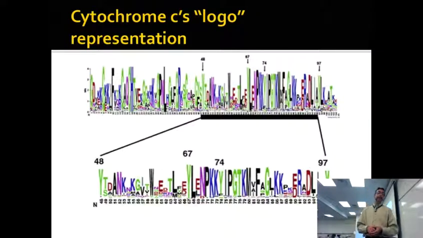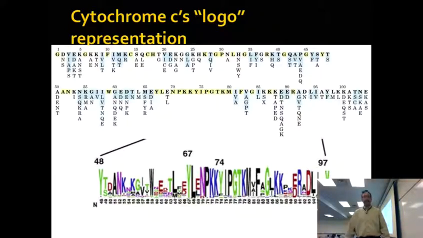This is what cytochrome C's logo representation looks like, and the only thing is it's a mess, even for a small protein. But if we zoom in on that sequence in the middle, you see how you have the sequence around 74. That's the exact same thing that we showed you, that has all of the same stuff over and over again. And in fact, I showed that to you again.